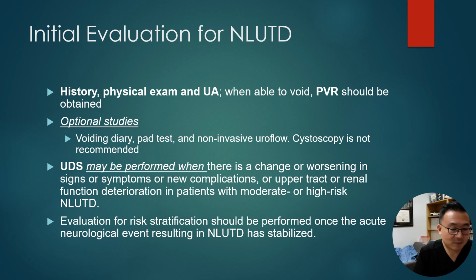However, the time frame from spinal shock to this transition can be variable. It could be anywhere from maybe a month, and the report said it may even last a year. So we have to use our judgment on the best point to evaluate for risk stratification after these kinds of injuries.